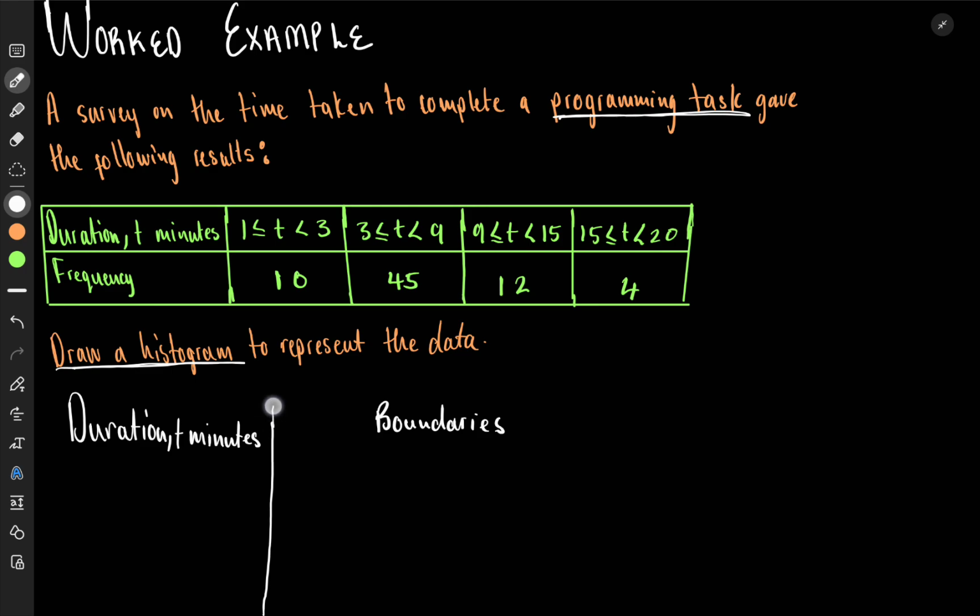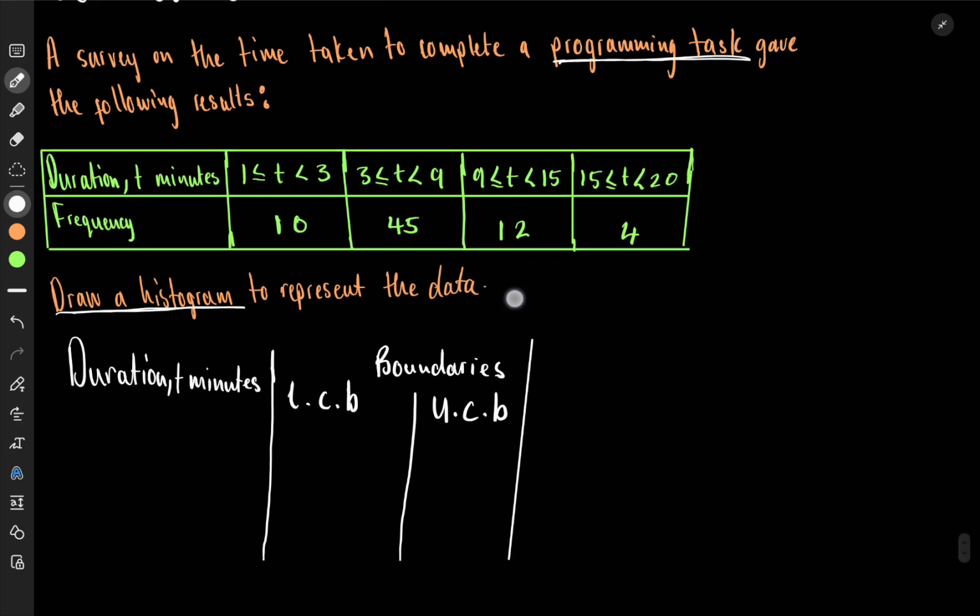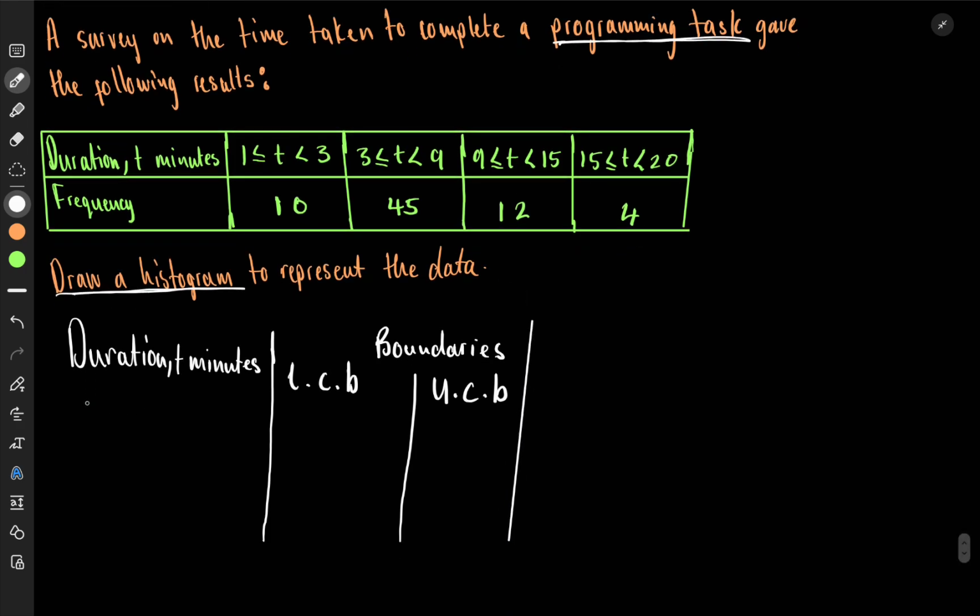Our boundaries column is going to have lower class boundary, we call it LCB, sometimes a lowercase l, and then upper class boundary, UCB. We don't really care about these type of things, but okay, that is it. The next column is going to be our interval width column.